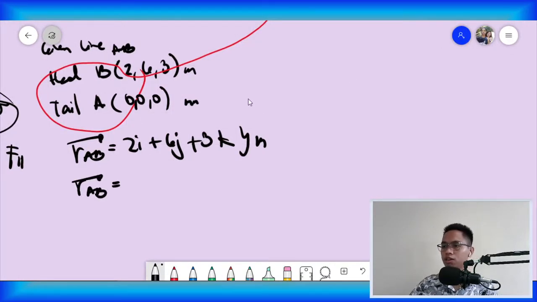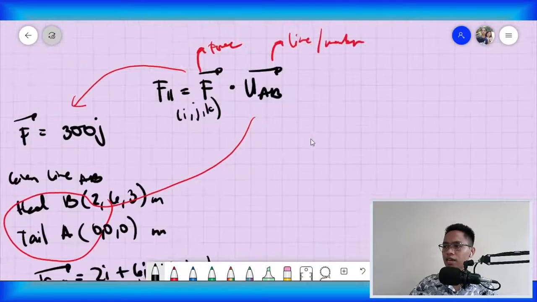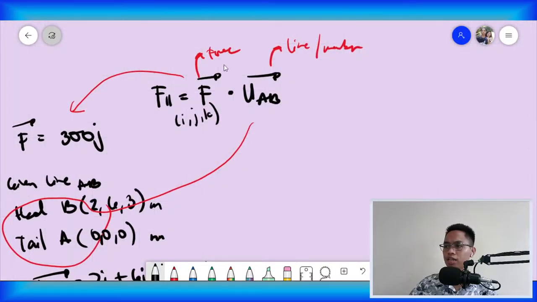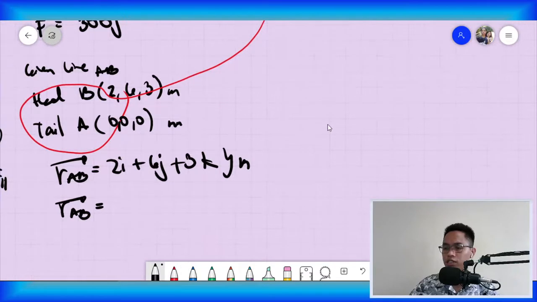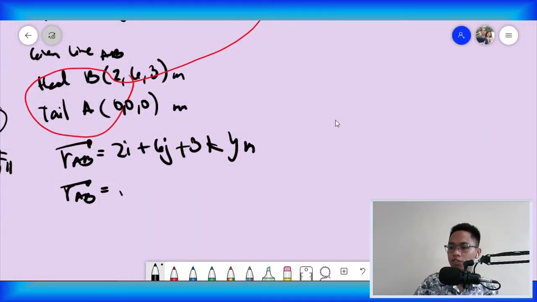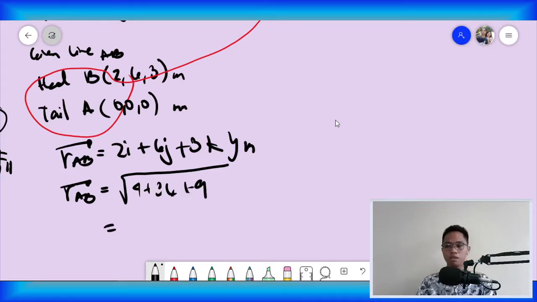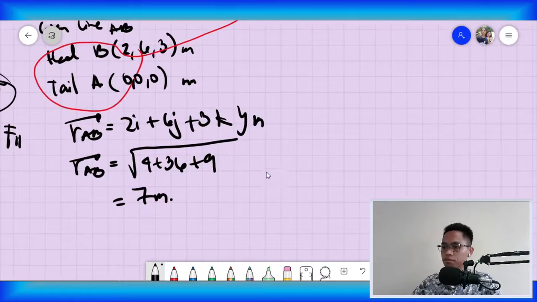Again, what we are solving now is along the line. Okay? We are concerned with the line. We again have a force, so we look at the line, which is line AB. Therefore, this would be the square root of 4 plus 36 plus 9. That should be equal to 7. This would be 7 meters.